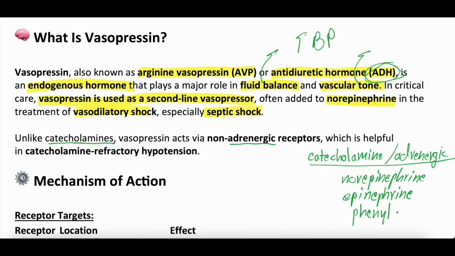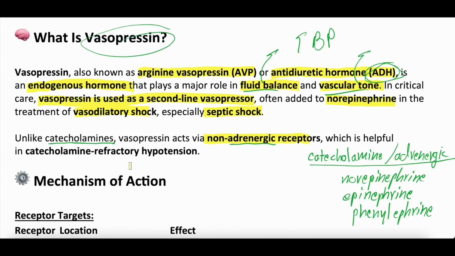But there's other types of vasopressors as well that use different pathways, different mechanisms. And vasopressin is one of those, right? It is ADH. It is an endogenous hormone involved in fluid balance and vascular tone. It is not a catecholaminergic vasopressor, which means it is non-adrenergic.